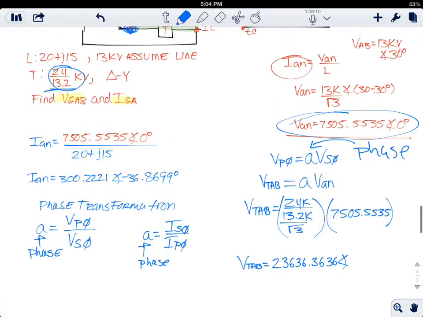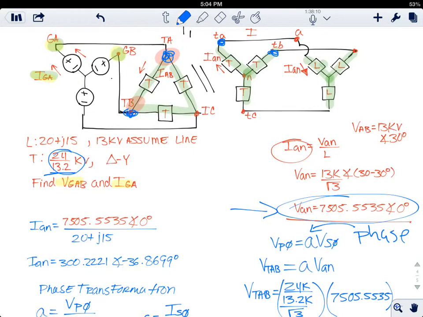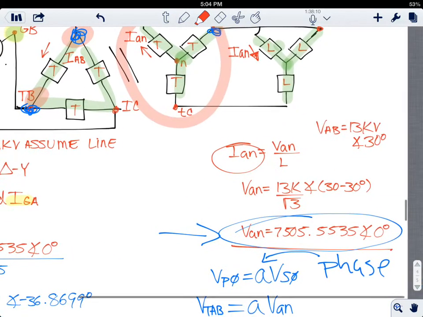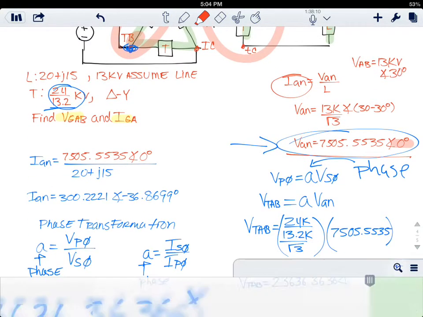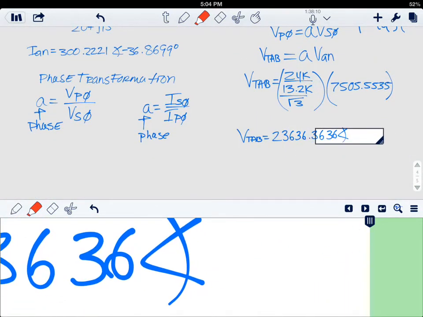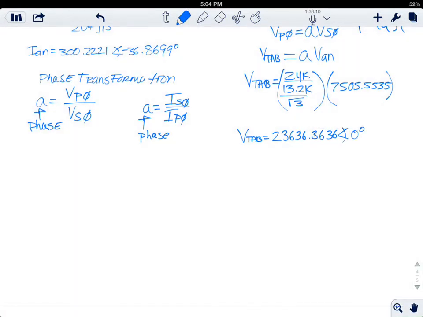So the angle of the phase voltage of the primary and the secondary is 0. We're going to leave it to here, and when we come back, we're going to continue.